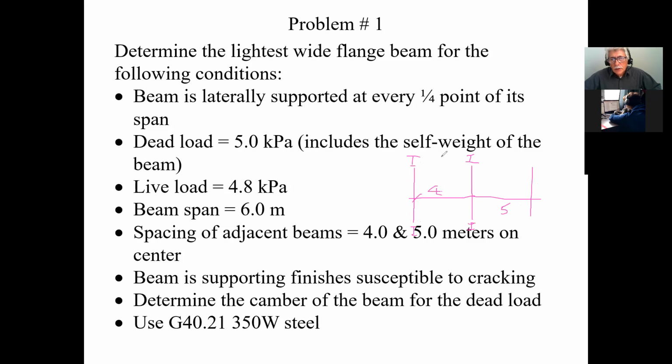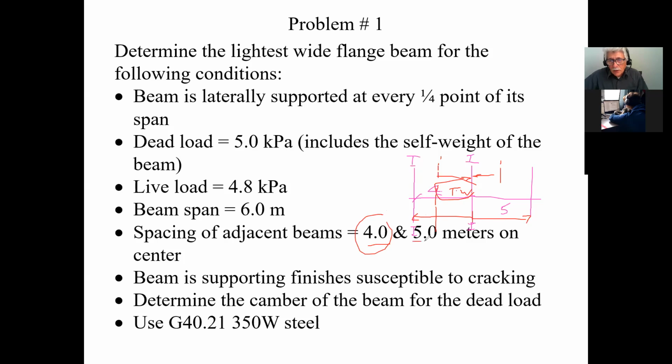You want to know how much of this floor is going to be coming to here and here, and of course that's the tributary width. What I like to do is take the distance between my beam and the next adjacent supporting member. I don't care if it's a wall, a beam, or whatever. I like to take my beam to the next supporting element, wall, beam, okay?